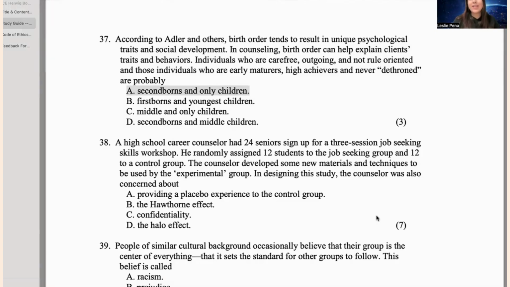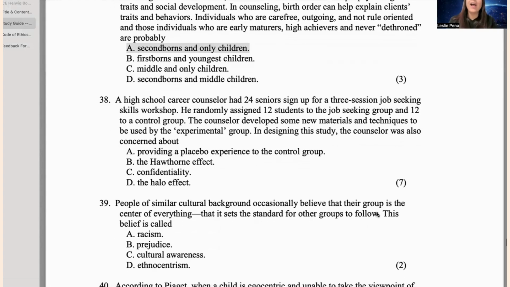So let's go ahead and continue with number 38. A high school career counselor had 24 seniors sign up for 3-session job-seeking skills workshops. He randomly assigned 12 students to the job-seeking group and 12 students to the control group. So you already know he's trying to run an experiment. The counselor developed some materials and techniques to be used by the experimental group.